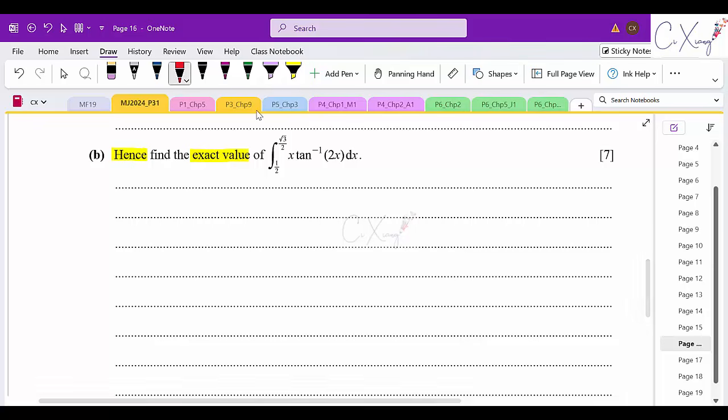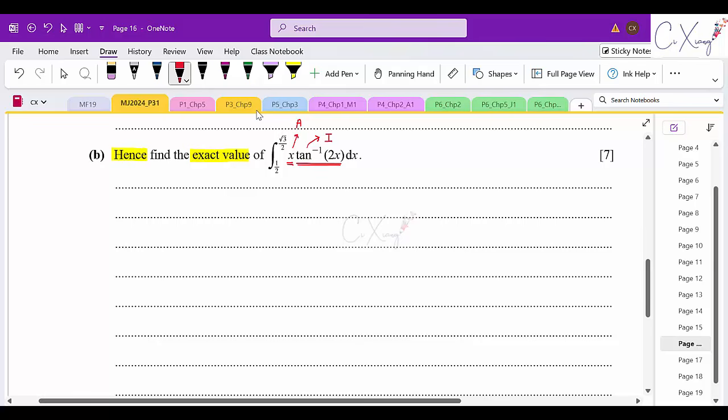For this integration, you can see that the question consists of two functions. One function is x, another function is tangent inverse. What is the x? X is considered as A, algebra. Tangent inverse is considered as I, inverse trigo.